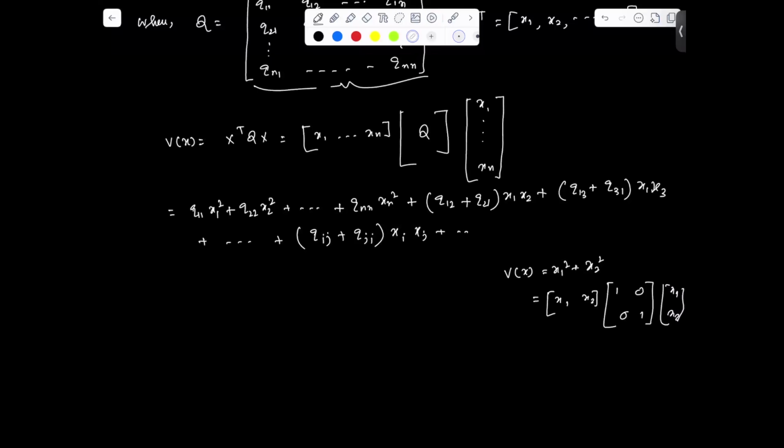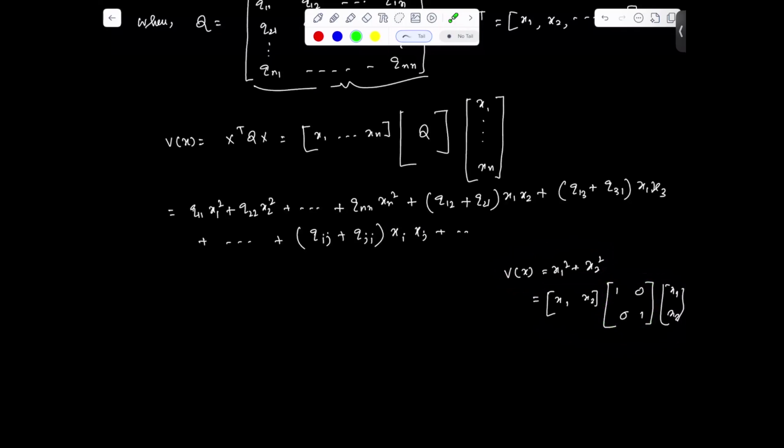If you notice carefully, this is a scalar function and also positive. So we can consider this the energy of the system, which can also be defined in this form, where this matrix is a positive definite matrix.